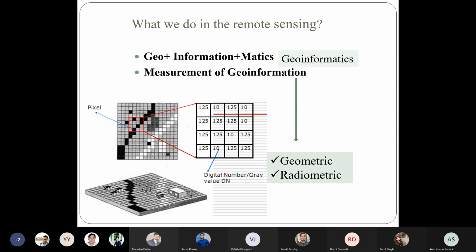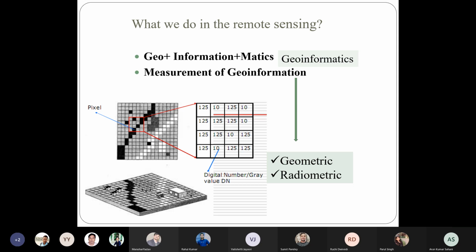If you see over here, a particular area from the ground, the energy coming out from that area is sensed, and one number is assigned for that. Further, when you display this image on your screen, you can see different sets of color. If it's a grayscale image, you can see different sets of gray.